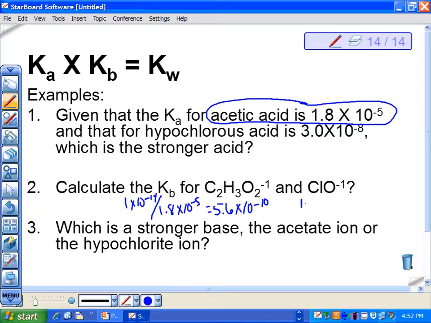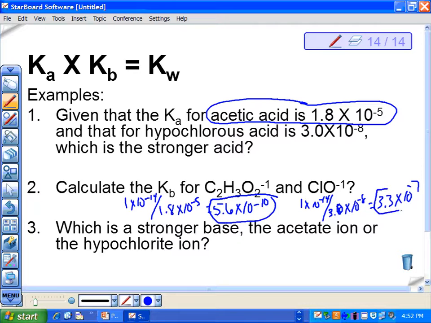I do the same thing for this one. And you get 3.3 times 10 to the negative 7th power. So those are my answers for number 2.